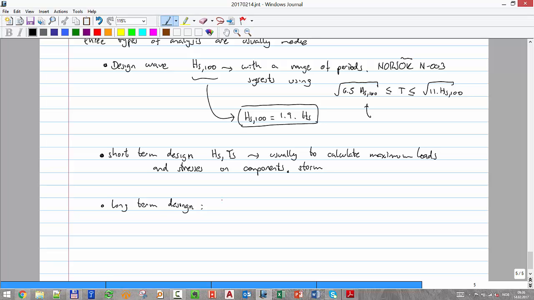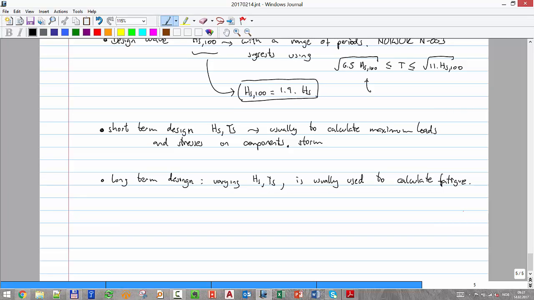So that's why we use this long-term design, varying HS and TS. It assumes some variation of HS and TS, and is used to calculate fatigue, basically fatigue resistance.